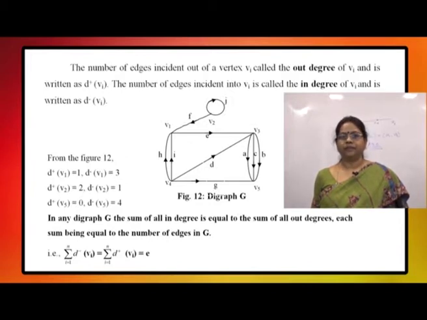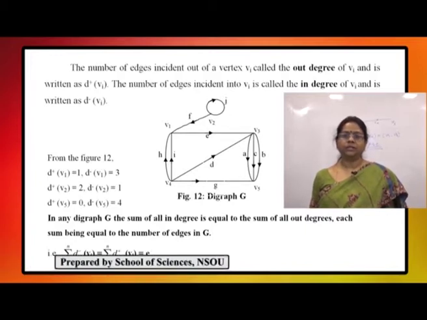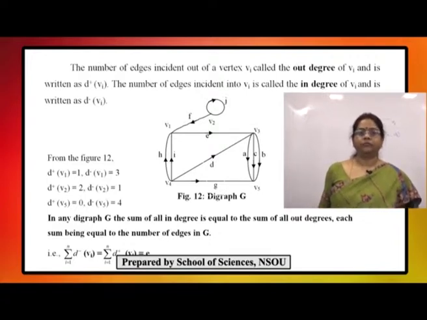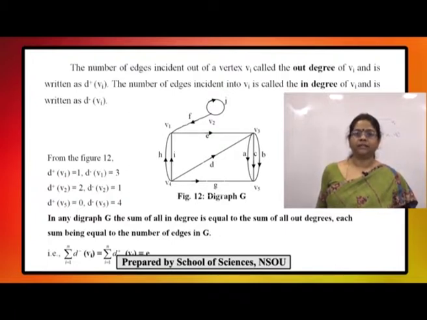1. Now, we know the result for undirected graph, that the sum of the degrees of all the vertices is equal to twice the number of edges. Here we see that each edge contributes 1 to the sum of all out degrees, and 1 to the sum of all in degrees.